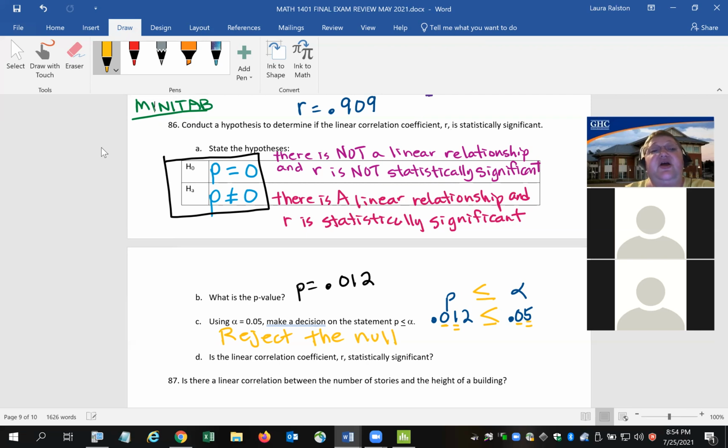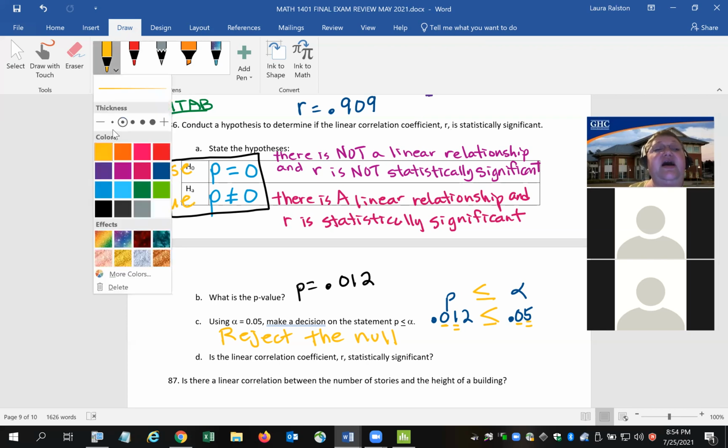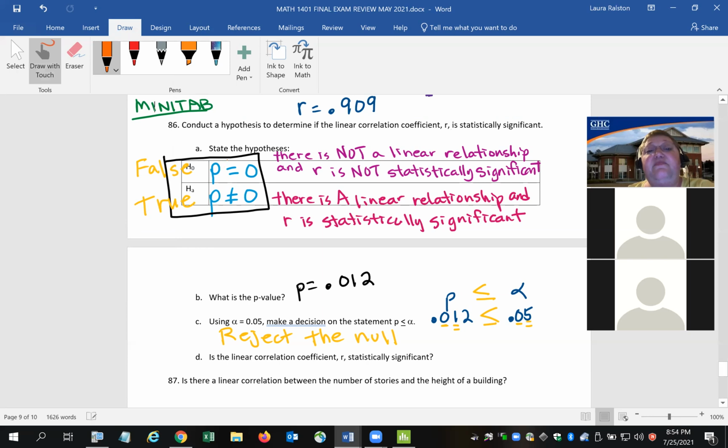If I reject the null, that means the null hypothesis is false and the alternative is true. In this case, if the alternative is true, which it is, that means there is a linear relationship and R is statistically significant.